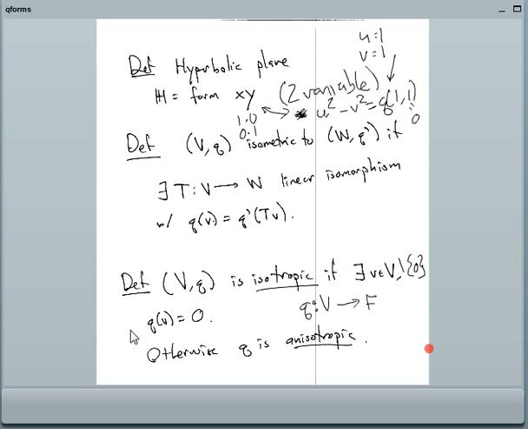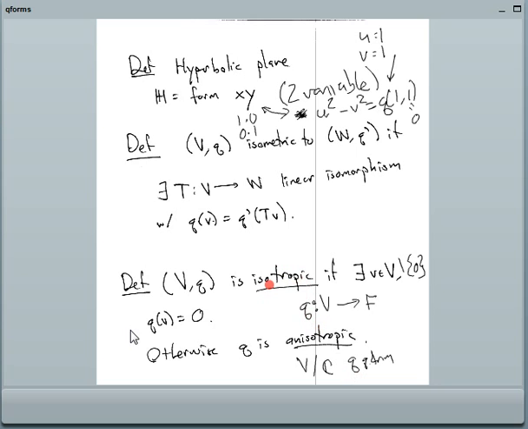No, and that's interesting. Something to keep in mind, I suppose, is that we're about to talk about the bilinear form. But if your vector space is defined over the complex numbers and Q is a quadratic form, then it will always be isotropic.